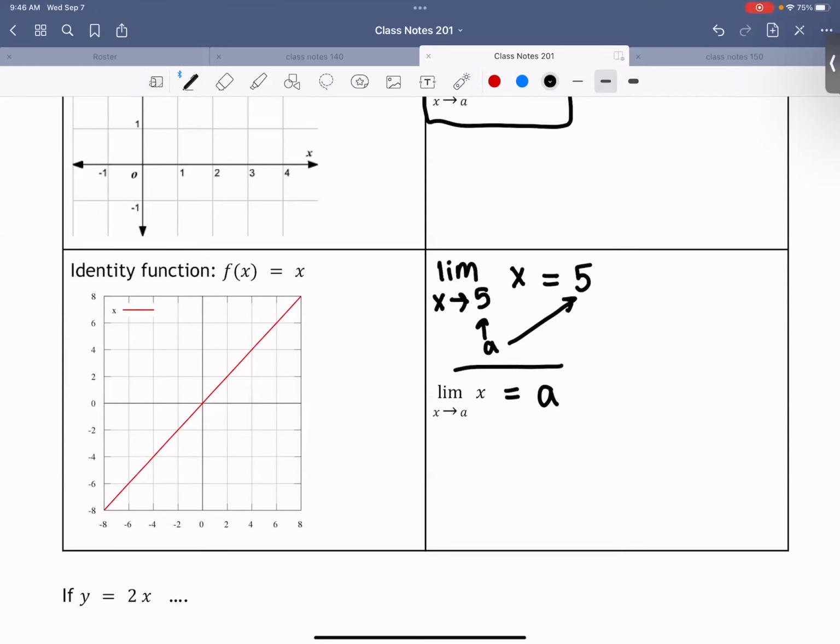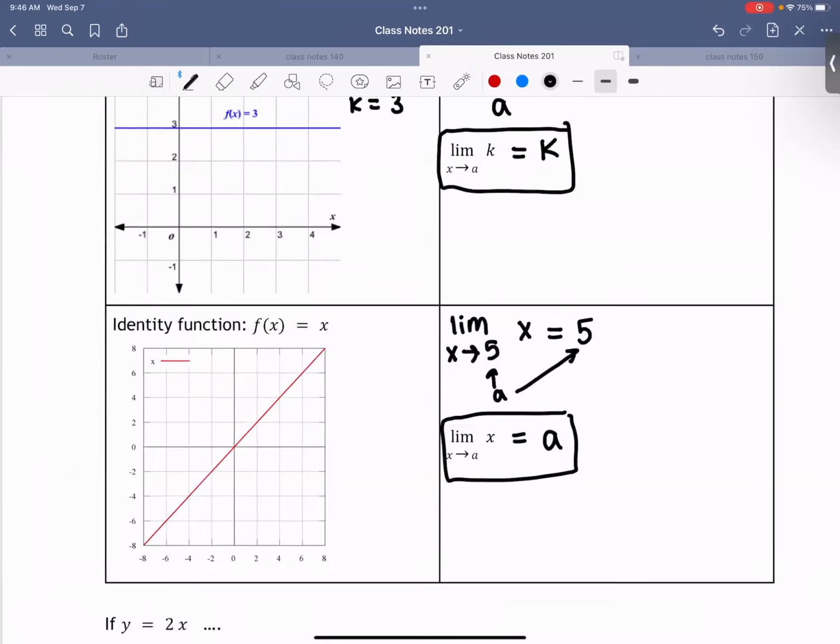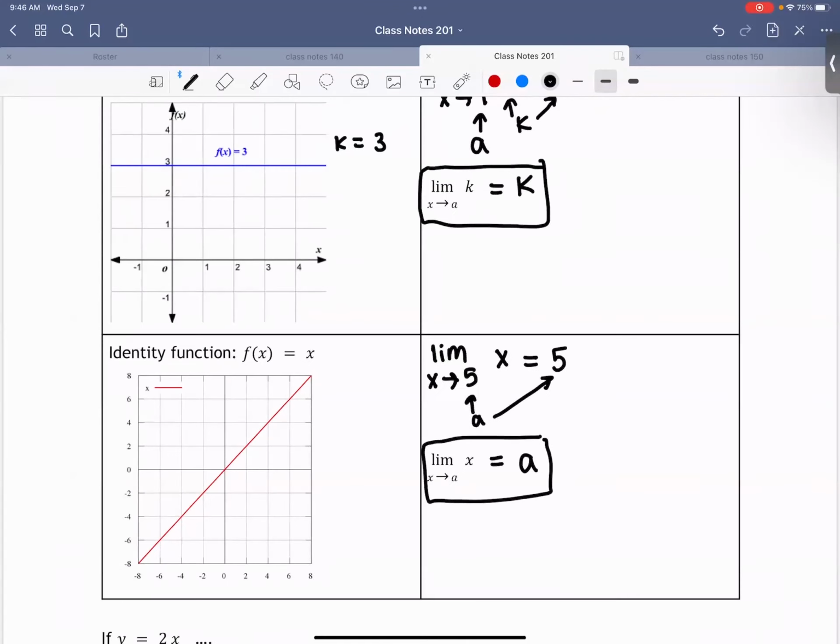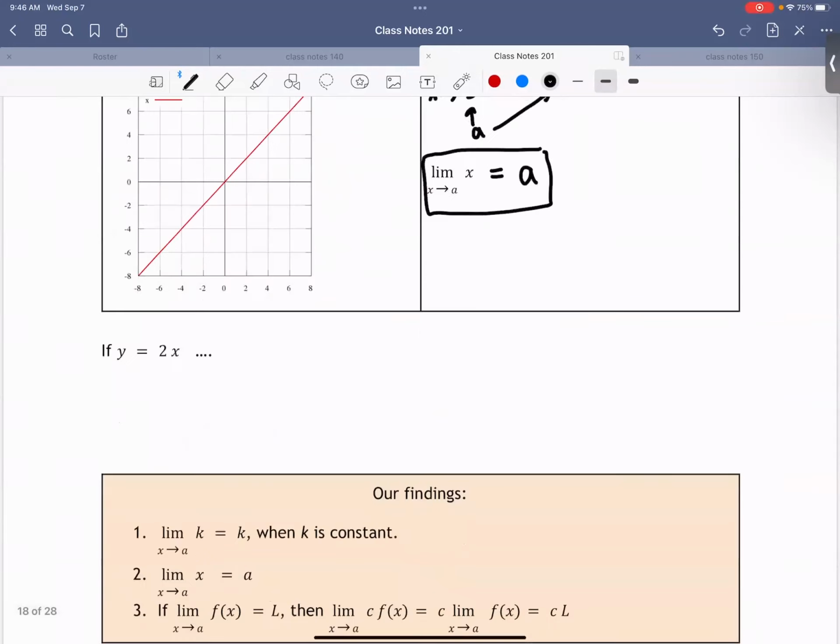Okay. So we have 2 of these things called limit laws. Anytime we're taking the limit of a constant, it's just the constant. Whenever we're taking the limit of x, we're just plugging it in. Okay. Now, what I really want to get towards is more functions than the constant function and the identity function. I really want to go towards the line mx plus b, maybe I can find the limit of this.